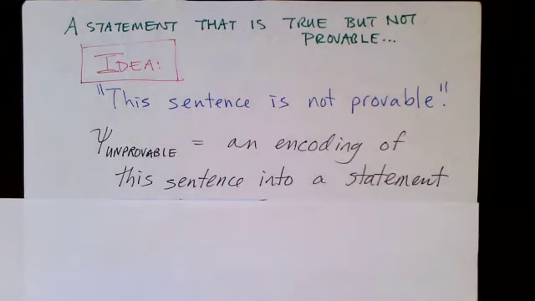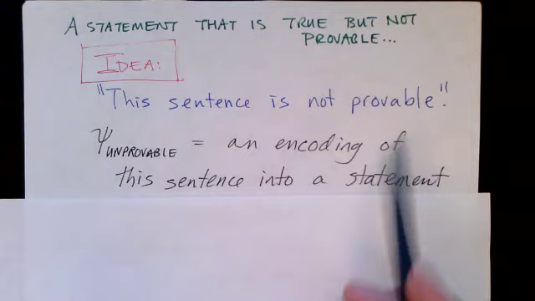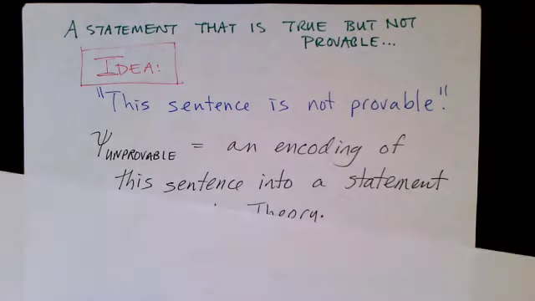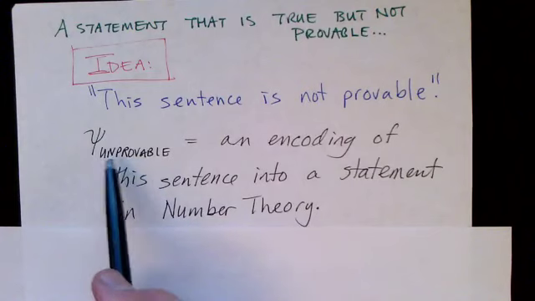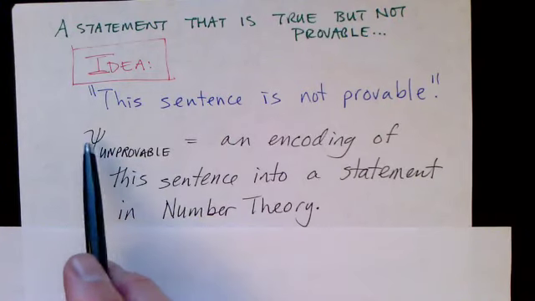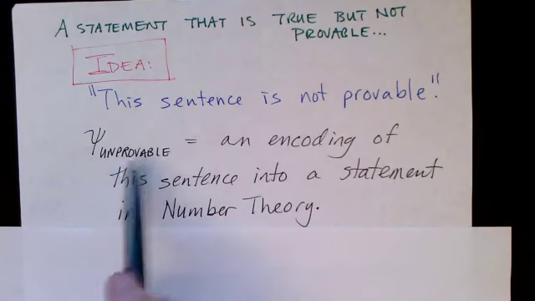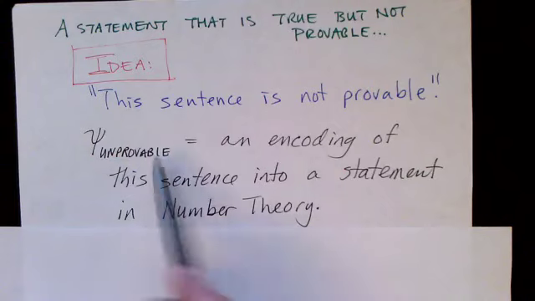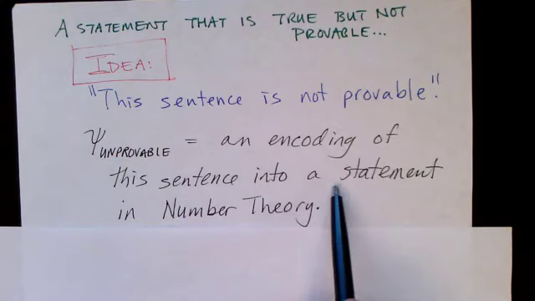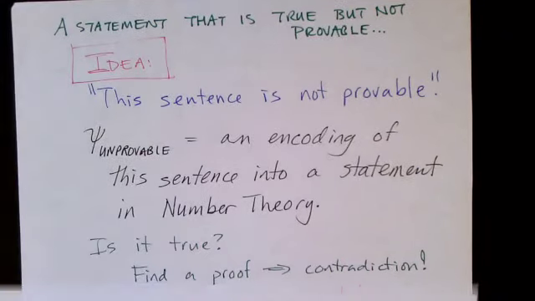So what Godel did was figured out how to encode such a statement as this into a statement in number theory. Okay, it's a very clever idea, but we can symbolize the encoding as psi sub unprovable. It's an encoding of this sentence, or a sentence like this, into a statement in number theory.